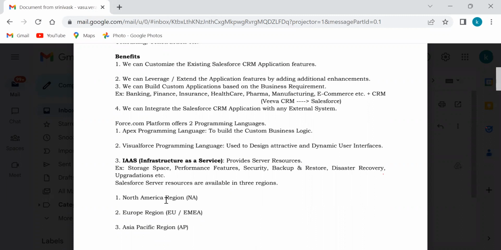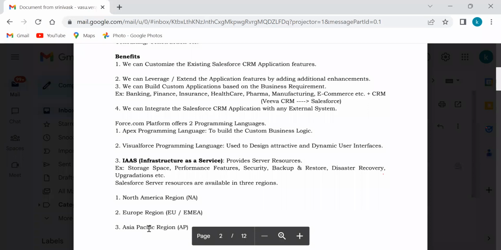Suppose you specify the country name as India. Then it is going to allocate some memory for your organization or your account in a particular server in the Asia Pacific region.